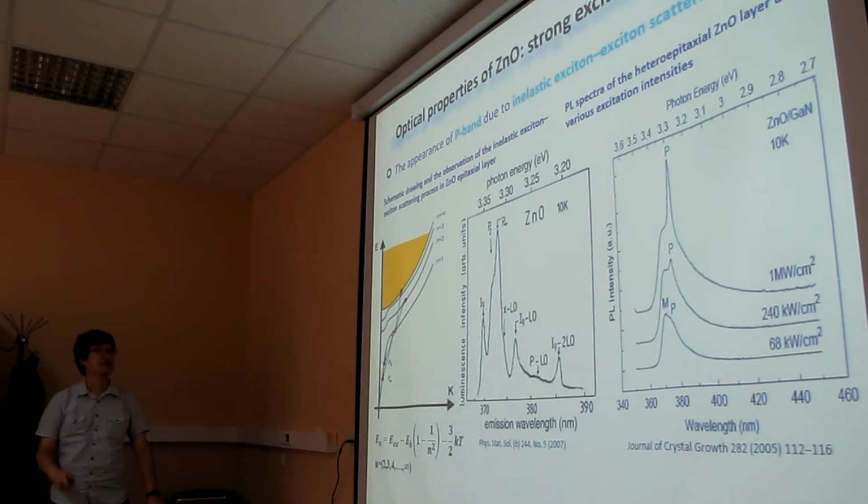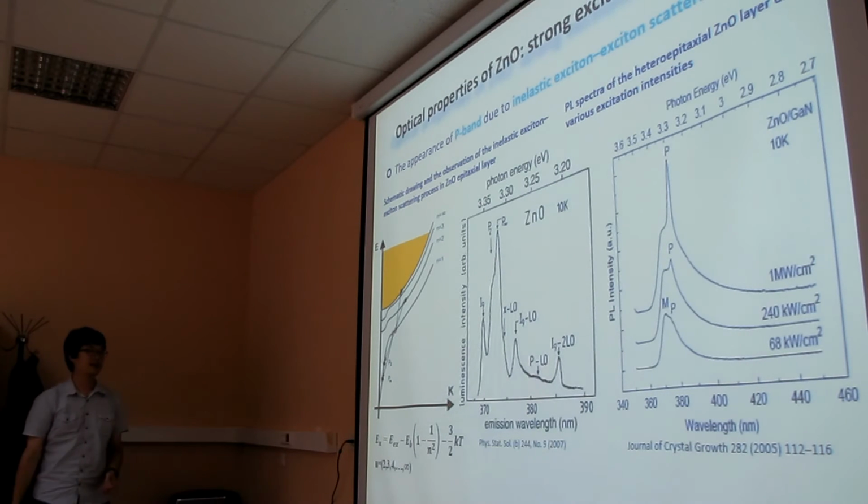The next thing I want to introduce is the p-band lasing. So what is p-band lasing? P-band is a phenomenon due to the scattering between two excitons. One of the excitons will scatter into a lower energy state, and another will scatter up to the electron hole plasma.